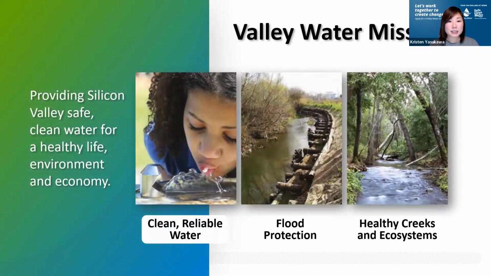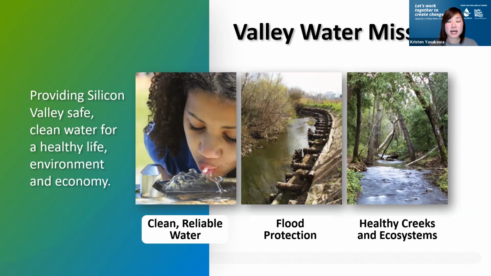Okay, so I'm not sure how familiar everyone is with the Santa Clara Valley Water District, but we are also known as Valley Water. We're a public agency that's a special district in the state of California. And we're most well known for being Santa Clara County's wholesale drinking water provider.